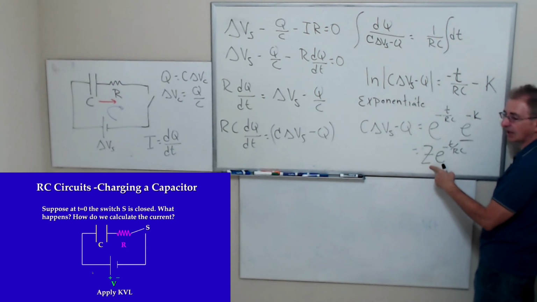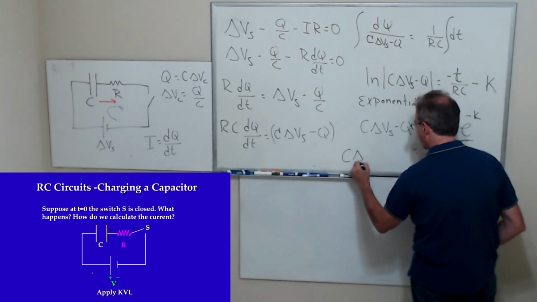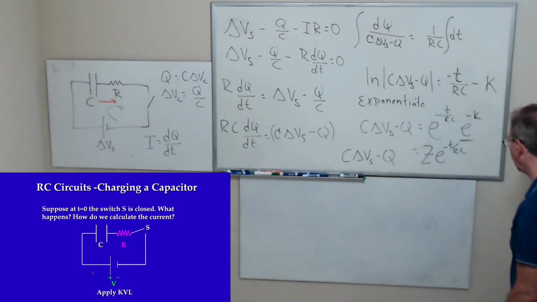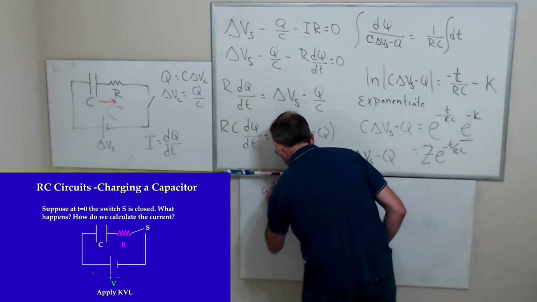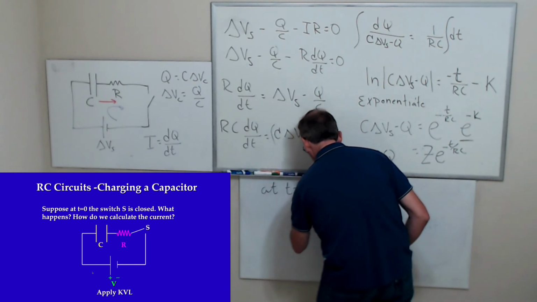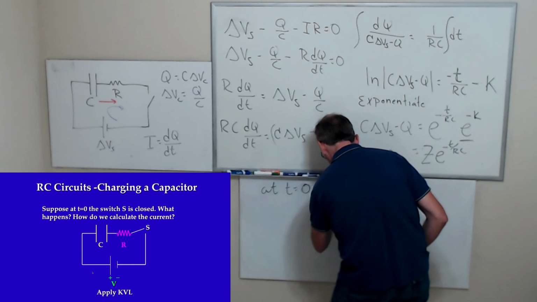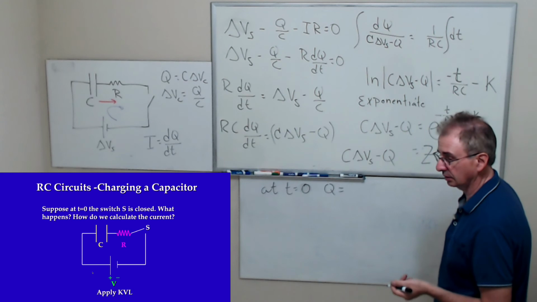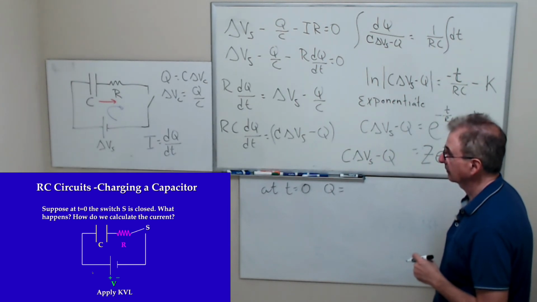And I'll figure this out. This is based on the initial conditions. Okay, so I know at t equals 0, what's Q? How much charge did I have on a capacitor when I started? It was 0 charge. 0.